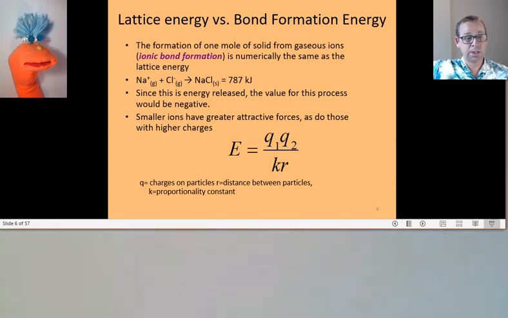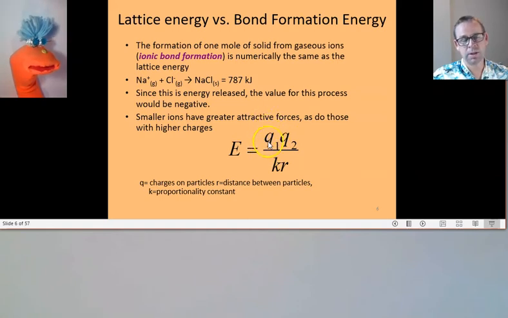The lattice energy, the E value here, is dependent on these two Q's, which are the charge. So this is our lattice energy. It's dependent on the charge of each of the different ions. So if it's a +1 charge, then a 1 goes here. If the ion that's forming is a +3, it would go 3 here. And this is the charge of the anion, -1, -2, -3, whatever it is.